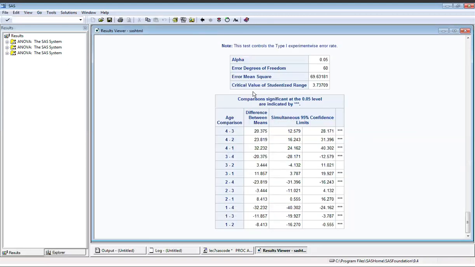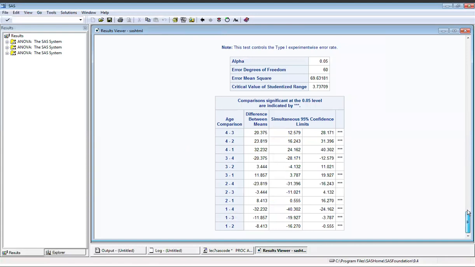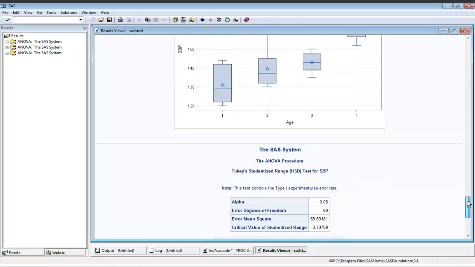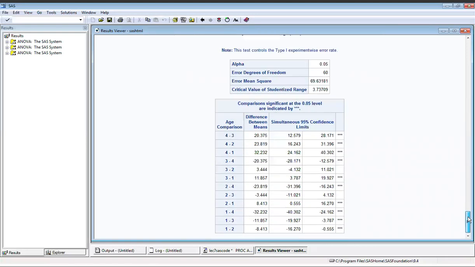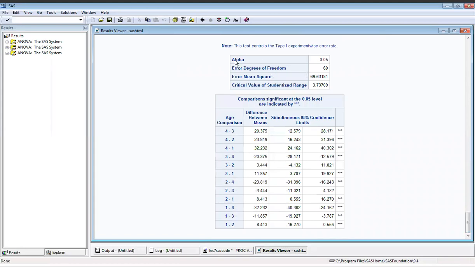All right, and again, everything before this is the same as the output for the first model we ran. And at the end, we got this multiple comparison table with alpha level equal to 0.05.